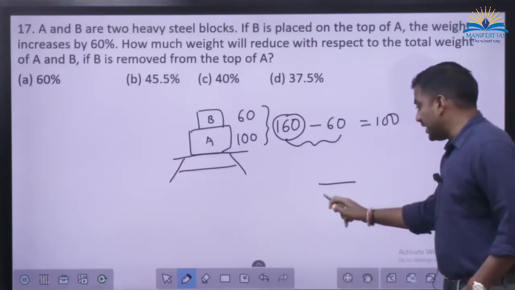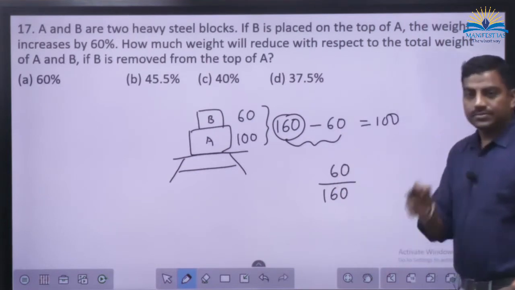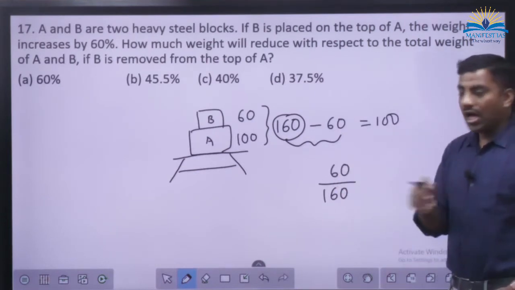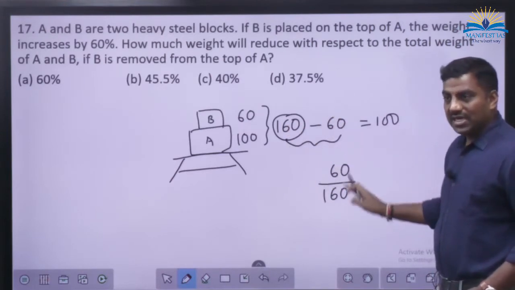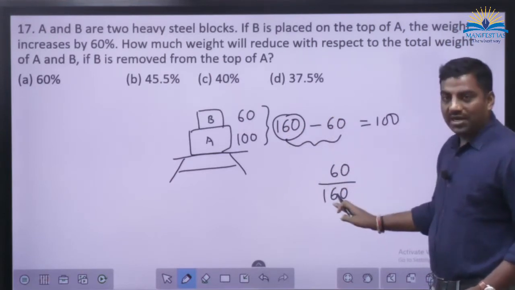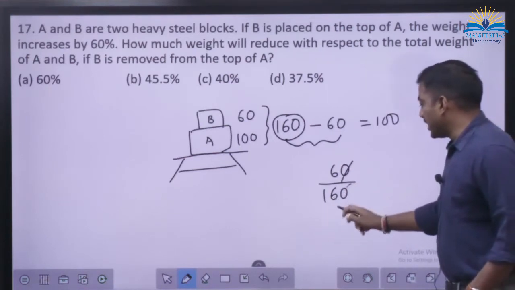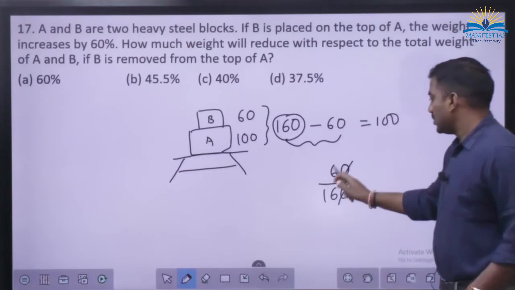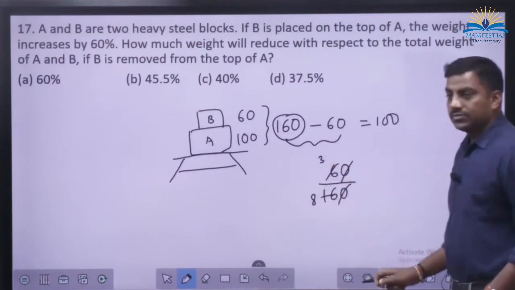They are asking, what would be this reduction in terms of percentage? Out of 160 kg, we are removing 60 kg. This is a fractional reduction. We have to convert it into percentage. 0, 0 get cancelled. 2 3s are 6, 2 8s are 16.